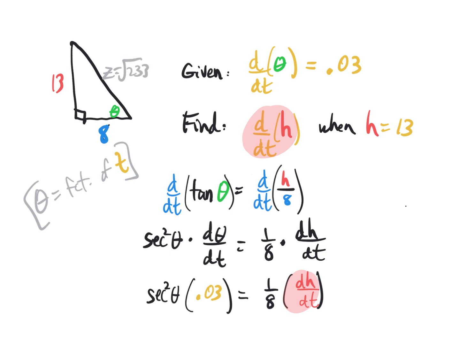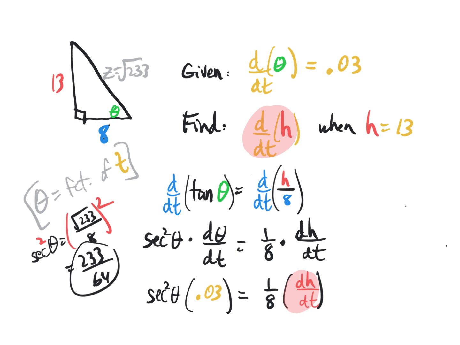So in this instance, we know exactly what secant squared of theta is, because secant of theta is the hypotenuse divided by the adjacent. So secant squared of theta is equal to 233 divided by 64.